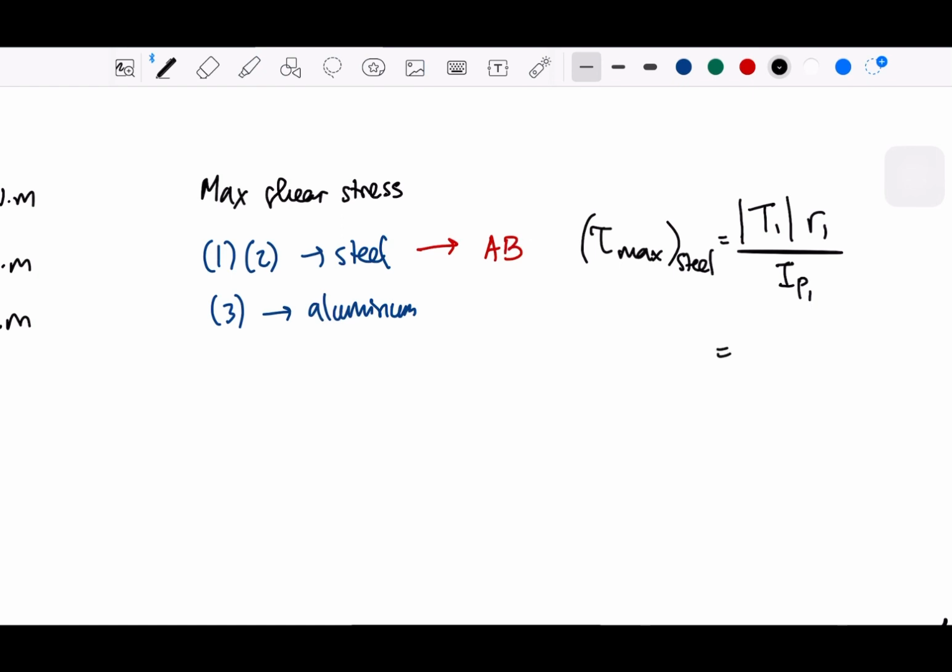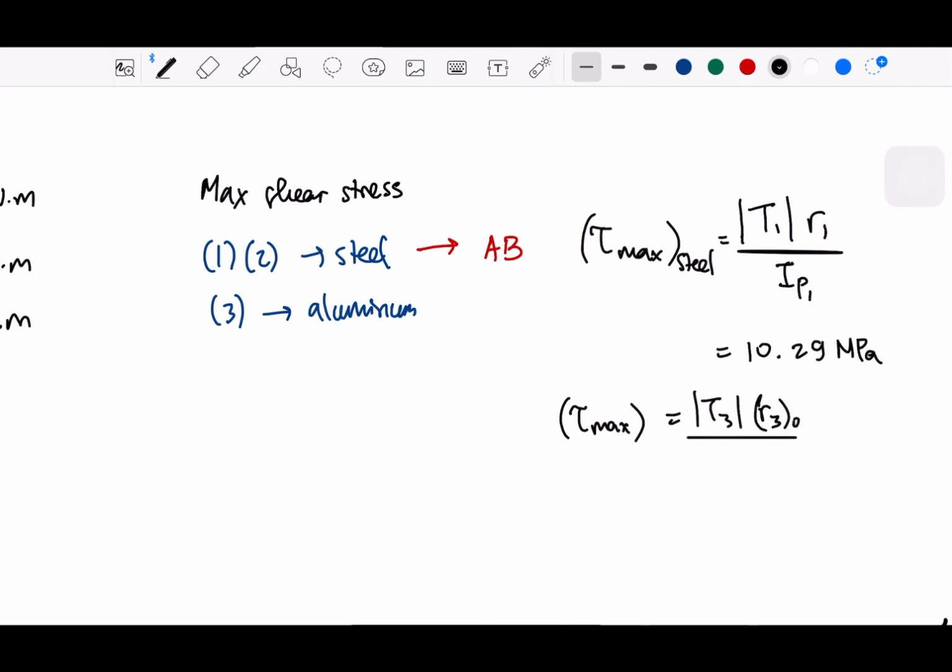So this will be equal to, if we plug in the number, 10.29 MPa. And then for the aluminum, we get T3 R3.